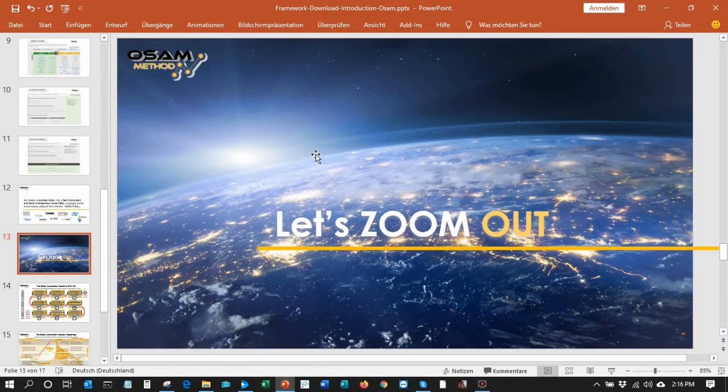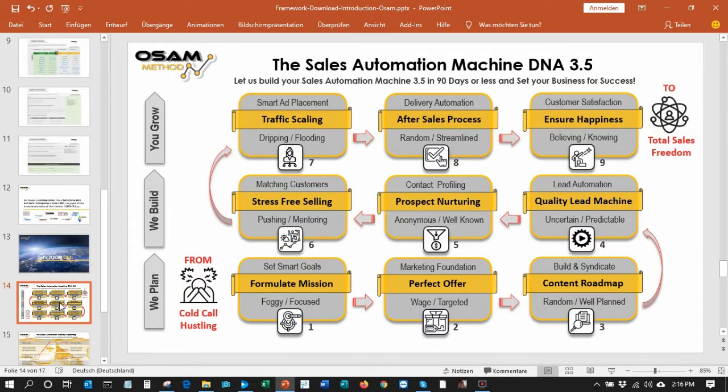Let's shortly see the bigger picture. Also this time let's zoom out and see what we are doing at the moment and where we are heading to. In the sales automation machine DNA, we follow these given steps. Maybe up to now you might be wondering how to attend to the other steps. So I would welcome you to call me.